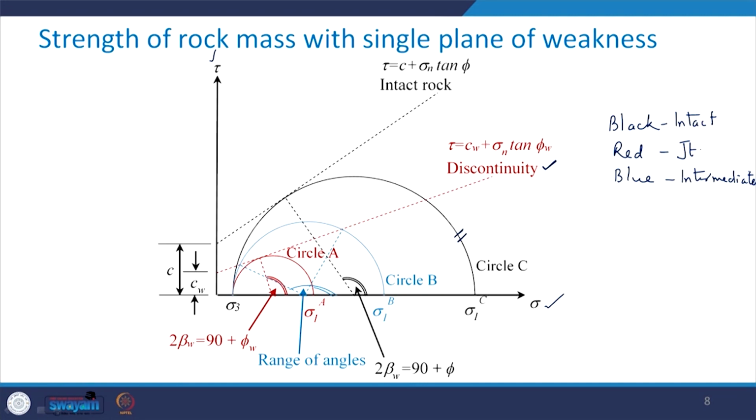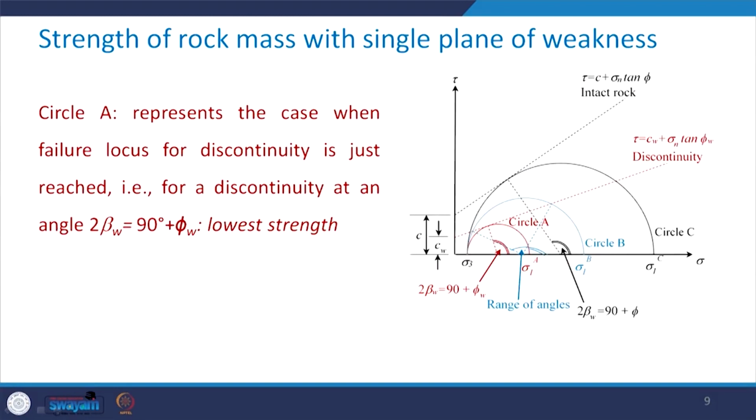First you focus on this red circle, which is represented by circle A. This represents the failure envelope for the discontinuity, and for the discontinuity you are going to get the lowest strength at this angle, that is when 2 beta w equal to 90 degree plus phi w by 2.